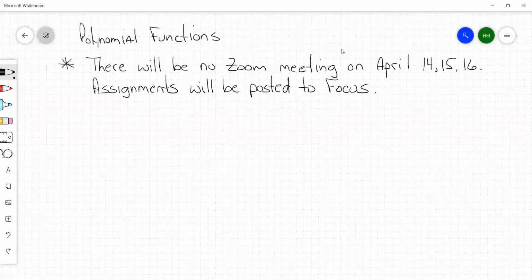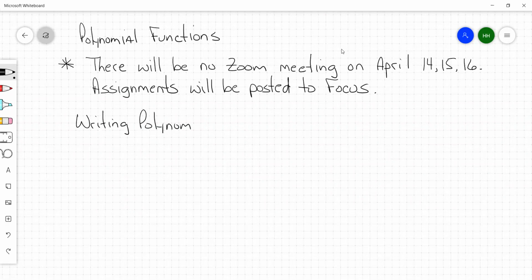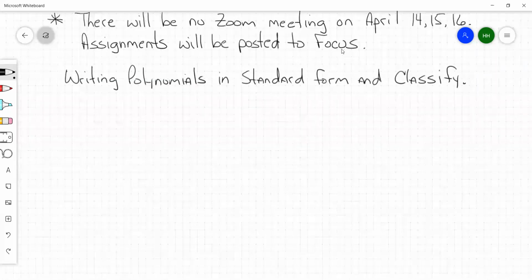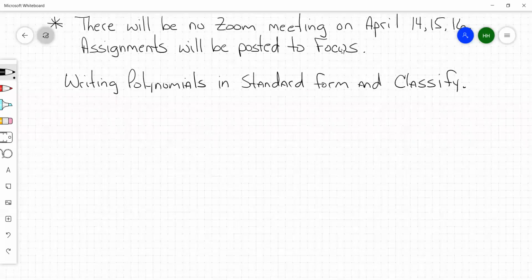All right, first part of your assignment today, you're going to be writing your polynomials in standard form. And you're going to be classifying them. So we're going to draw this table, and this table will help you do all of that. All right?